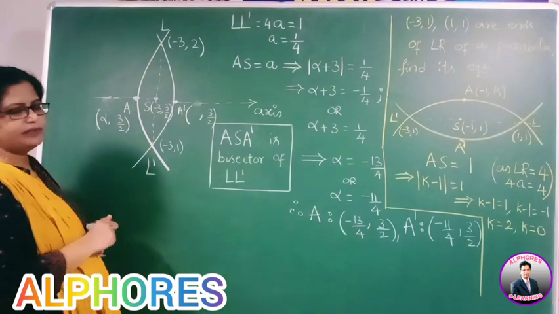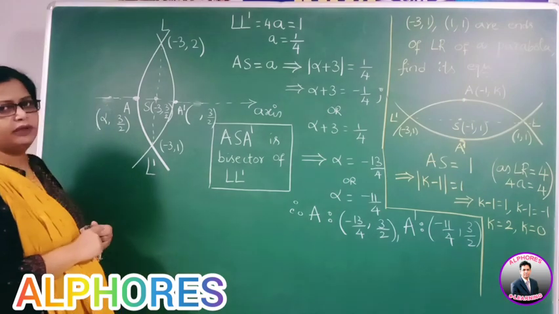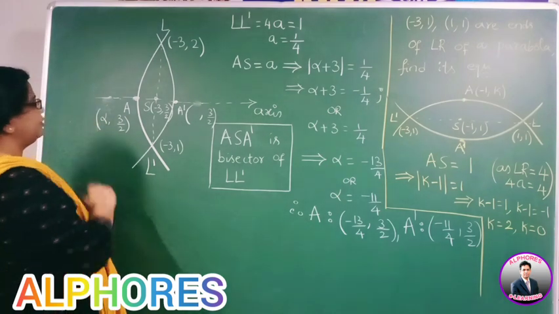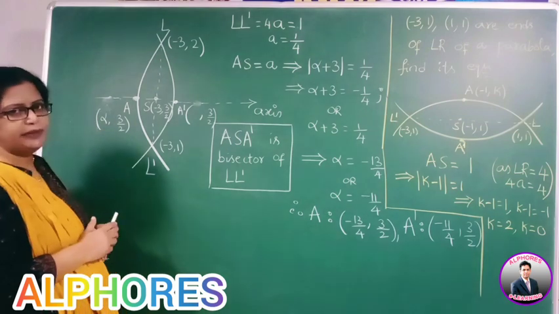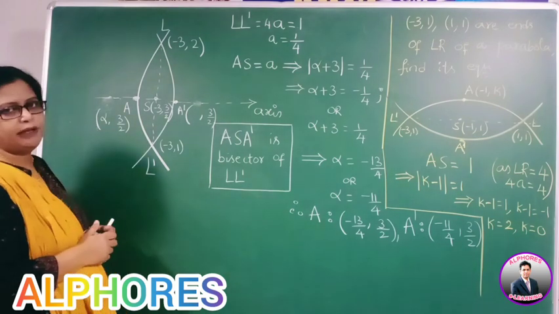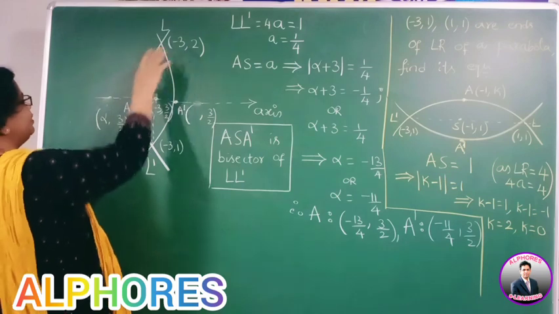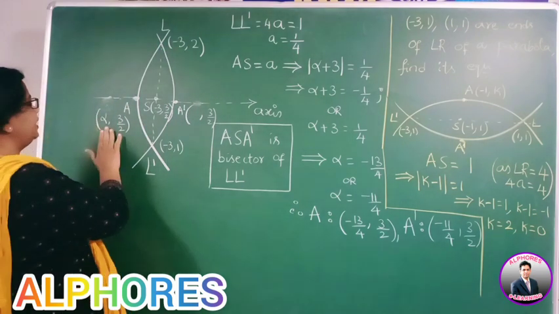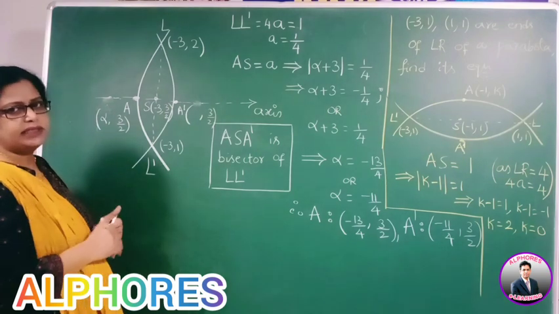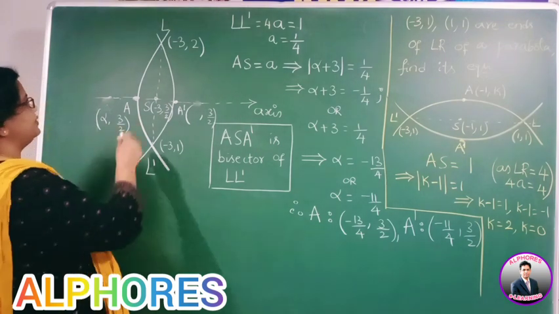Alpha. That means we require the abscissa of our vertex, which is alpha. Now how to find this alpha value? For any kind of parabola, we take these points and substitute in the curve equation. But here the axis is directly parallel, so make use of that.